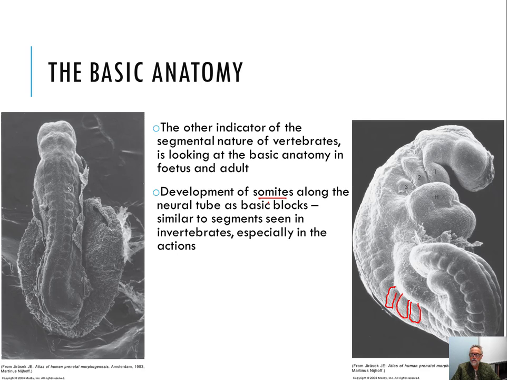And these blocks actually act in very similar ways to the segments in invertebrates. Don't want to go into details, but there's segments split and joined together at various stages. The somites do the same thing because they are controlled by the same genes. So our embryology shows our segmental nature.